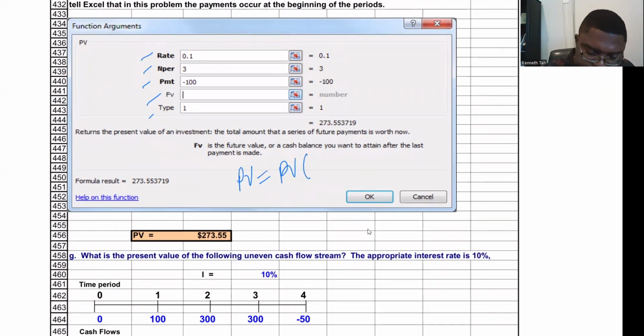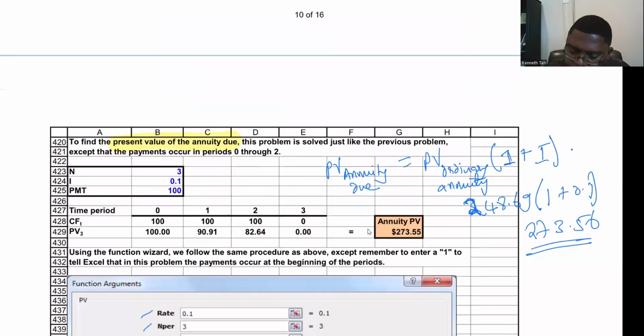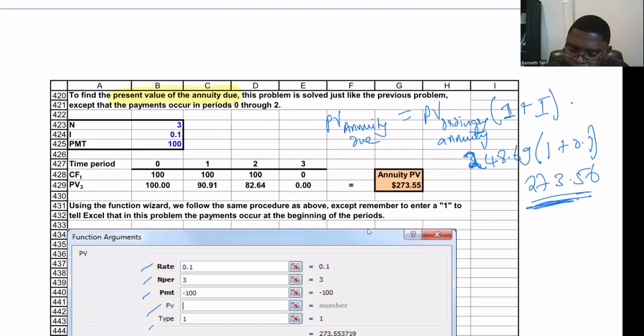So rate is 10%, number of periods is 3, payment is minus 100, future value 0, and type 1 to recognize it is an annuity due. Enter. So the present value becomes 273.55, consistent with the formula.